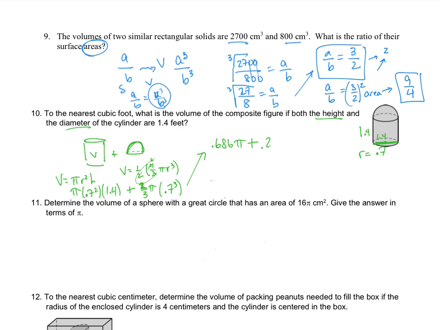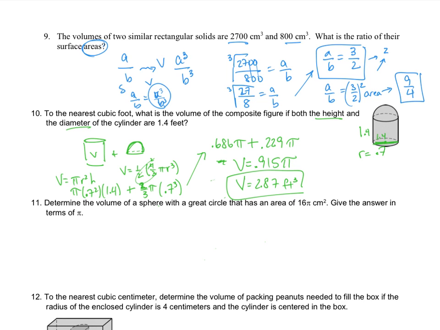So we'll say 0.229 pi. So 0.229 plus 0.686 gives me a volume of 0.915 pi, and you can multiply this out and you'll get 2.87. So the volume is 2.87 cubic feet.